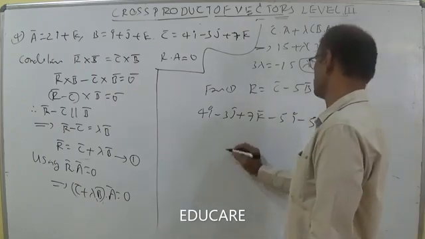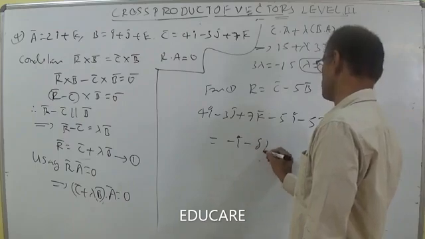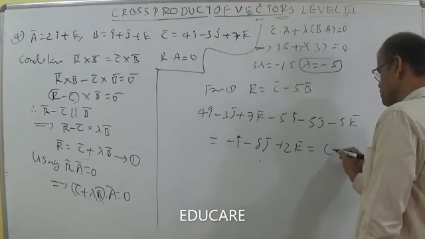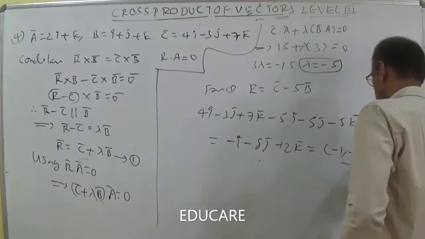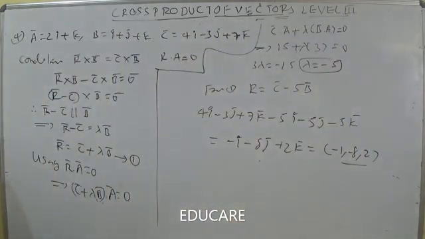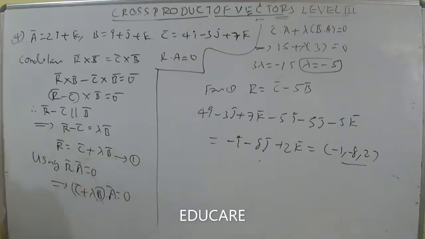So that is equal to 4I minus 5I, minus I, minus 8J plus 2K. Students, this one was completed in level 2. Minus 1, minus 8, 2. Same model, same sum. This is the first option.